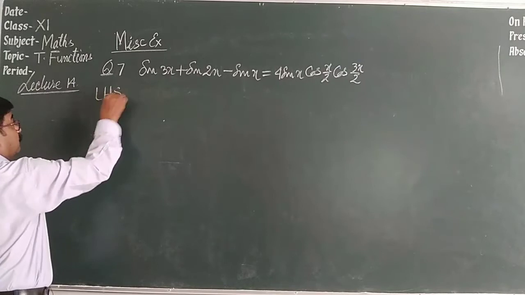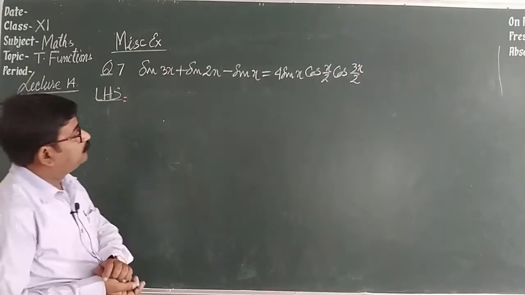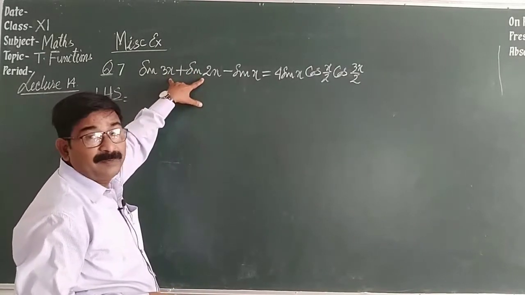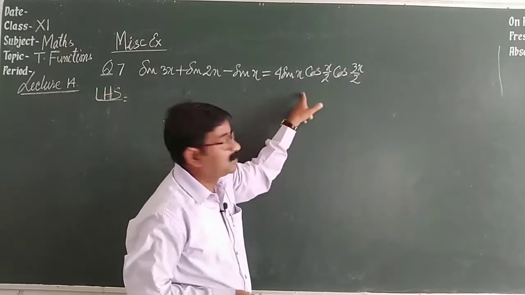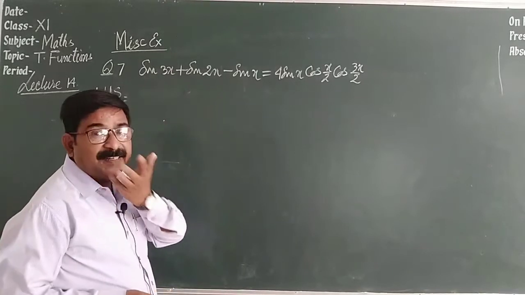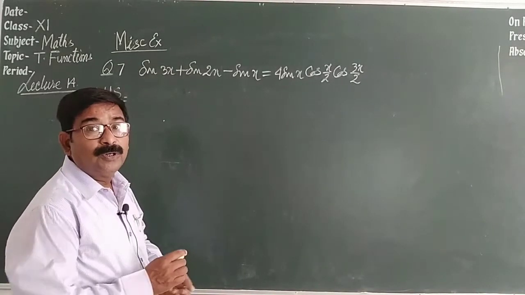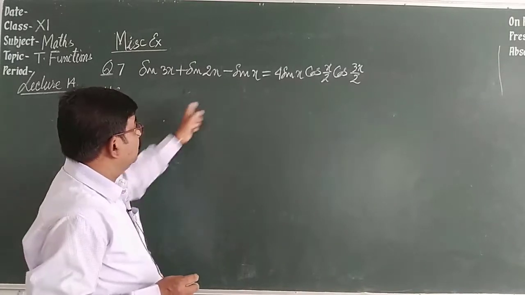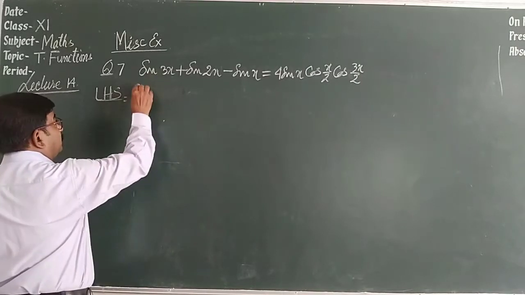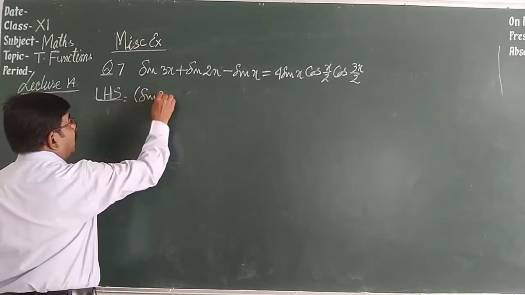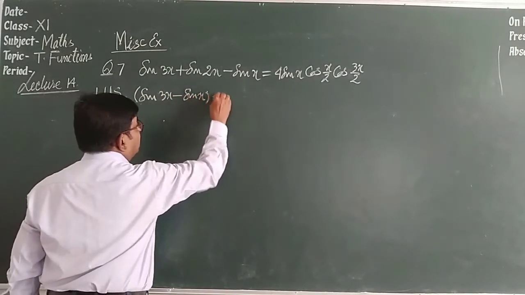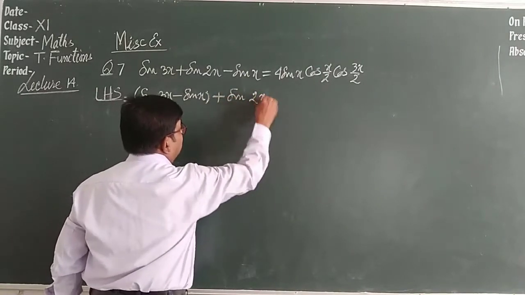See, if we take 3x and 2x together, that will be 5x by 2, so we don't need that. Here we can take 3x minus x together. 3x minus x by 2, that is x. To apply the formula, taking these two together, we can write sin 3x minus sin x plus sin 2x.